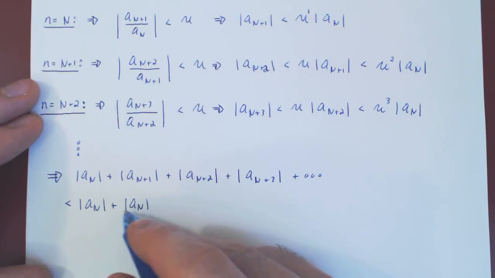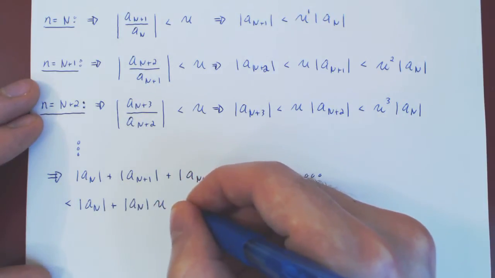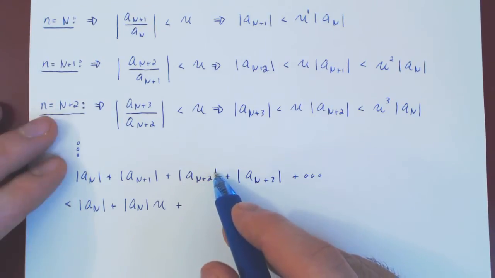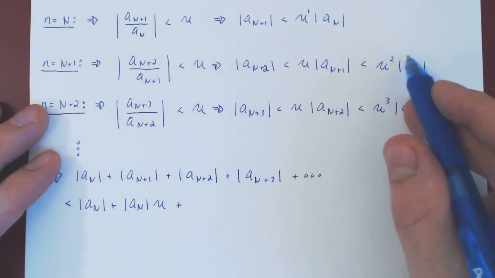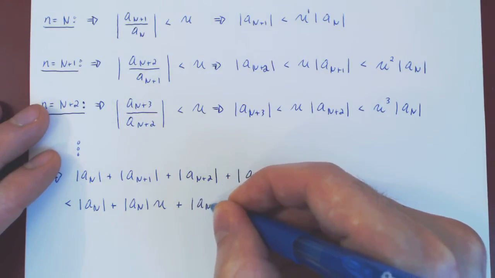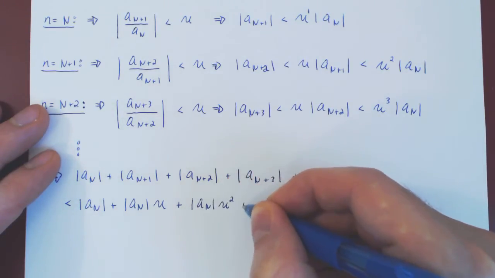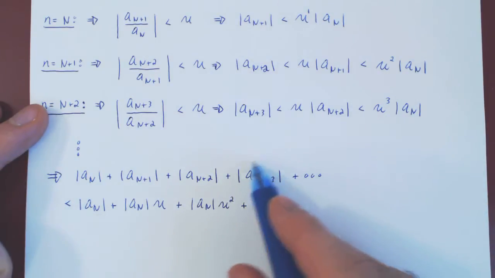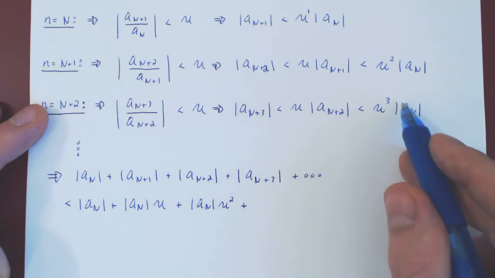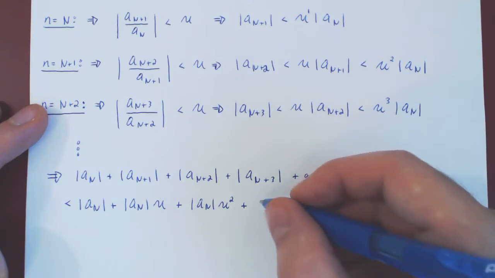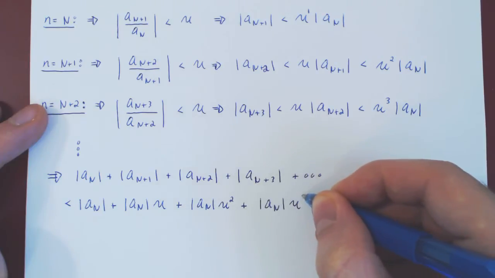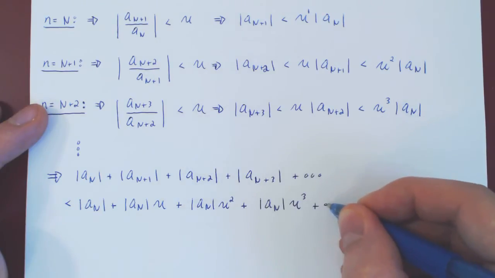I'll write this backwards as |a_N| times u, plus |a_{N+2}|, which I'll replace by something larger, which is |a_N| times u squared, plus |a_{N+3}|, which I'll replace by something larger, which is |a_N| times u cubed, and so on.